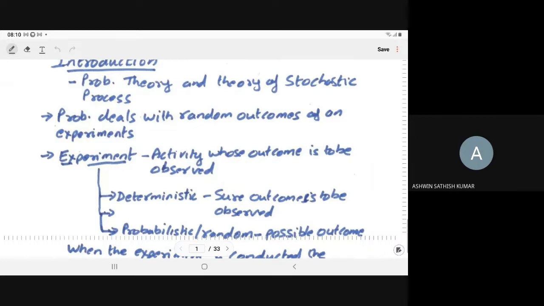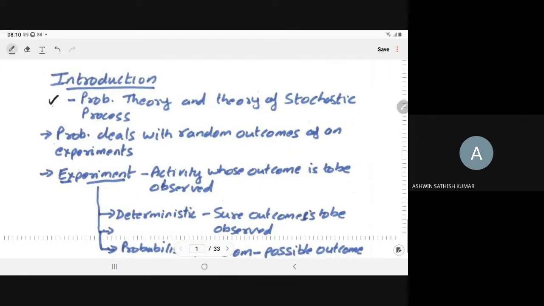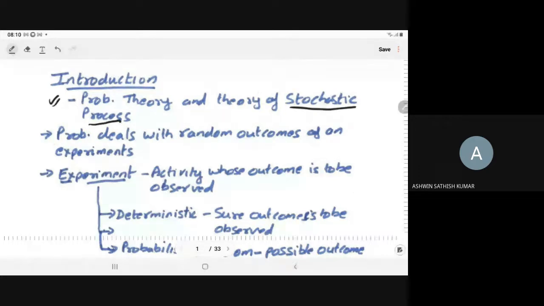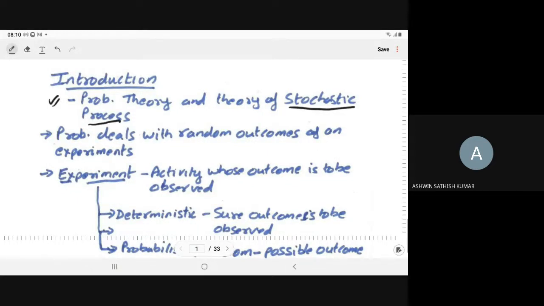So let us start. Here we will study the basics of probability theory, or the theory of stochastic processes. Stochastic means dynamic, probabilistic. Here we will study the theory of processes that are probabilistic in nature.